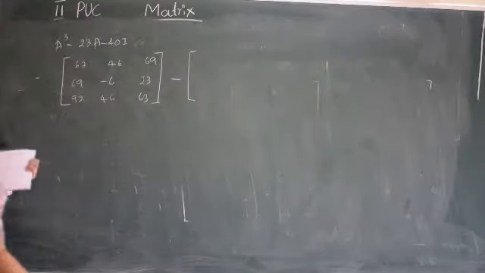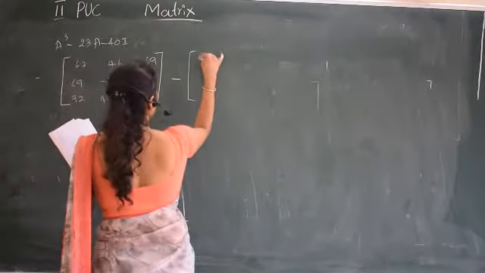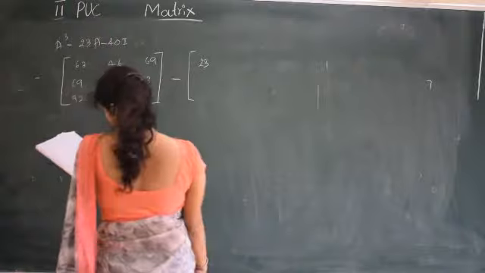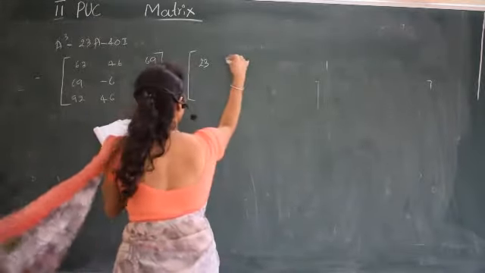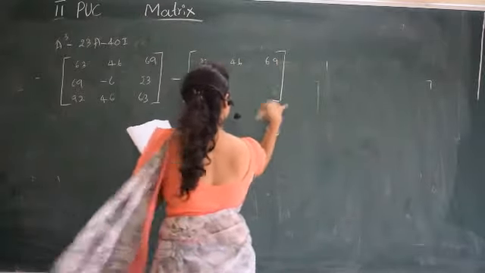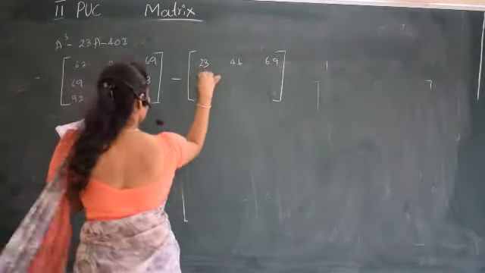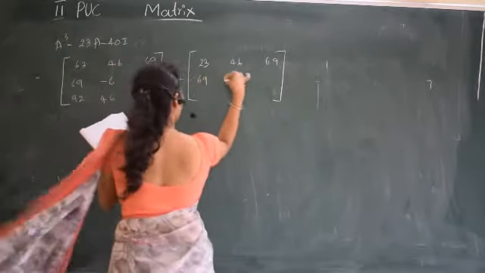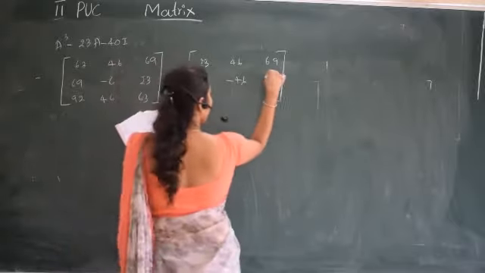Minus 23A. So 23A is what we have calculated. 23 into A: 23 into 1 is 23, then 46, then 69, 69. Next 23 into 3 is 69. Next minus 46, and 23.